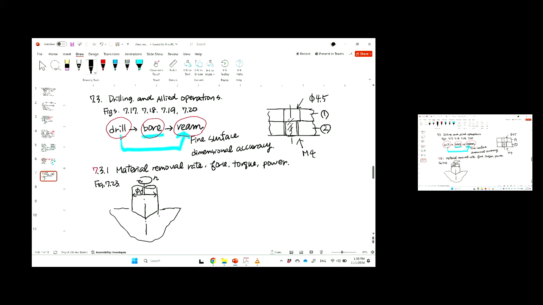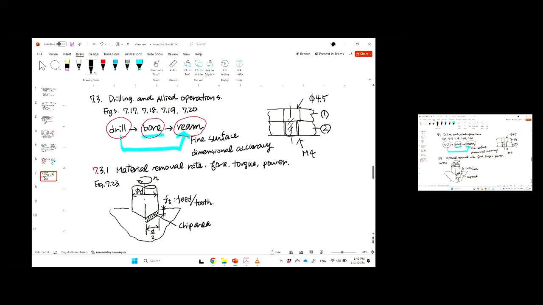You have the cutter here, cutting this material here. This is half of the diameter, D over 2, and this is the chip area. And then this, we use ft, the feed per tooth.